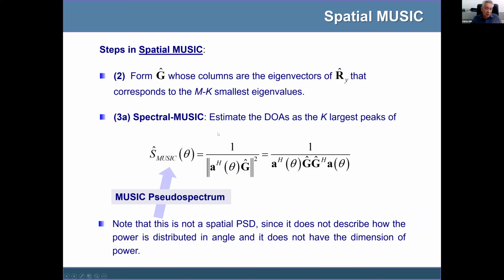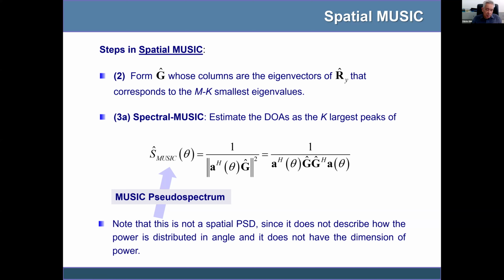This method is called spectral MUSIC because in some way it mimics what we have seen with Capon and classical beamforming. So we derive a spectrum, and then we find the position of the peaks. This quantity here is called pseudo spectrum because actually it's not a spectrum.